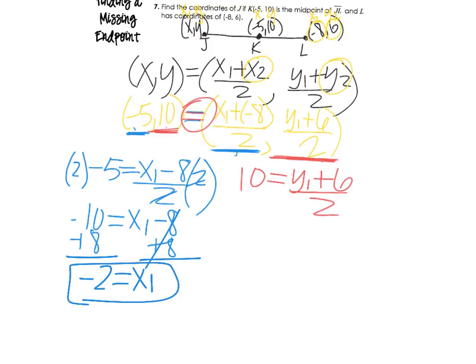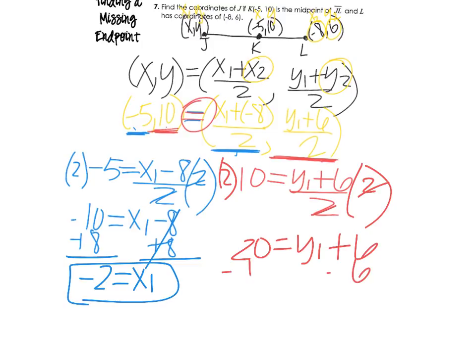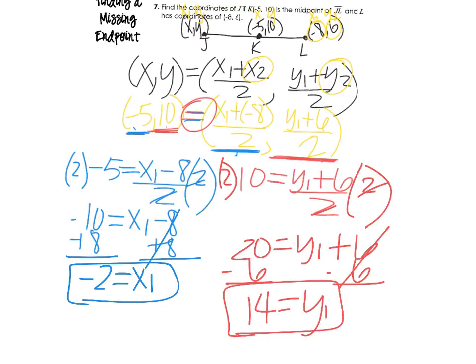Then to solve for y1, multiply both sides by 2. So we get 20 equals y1, these will cancel out, plus 6, subtract 6 from both sides, 14 equals y1.